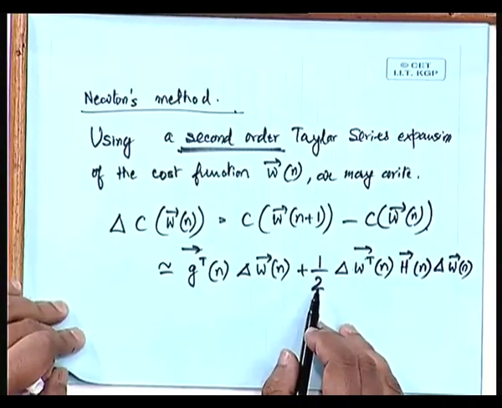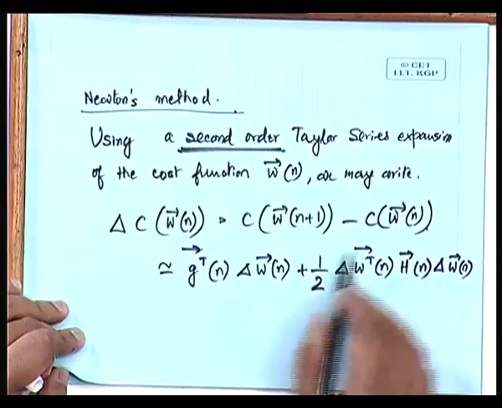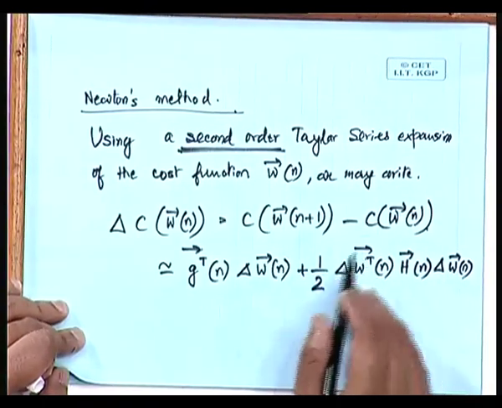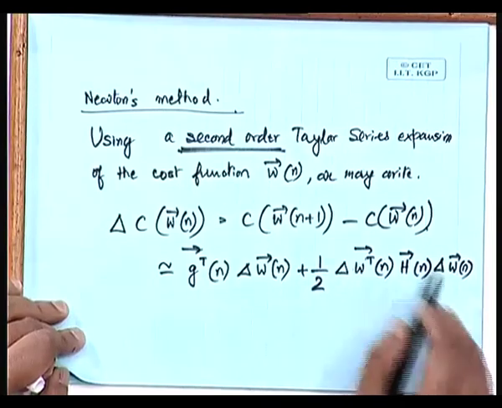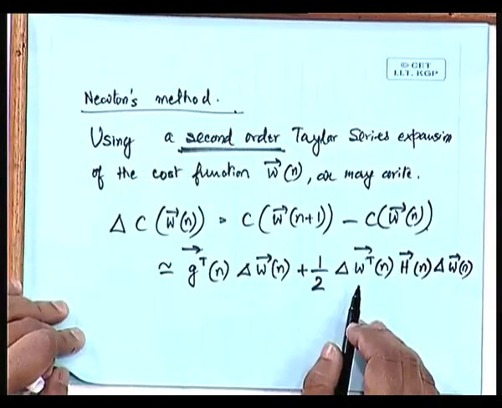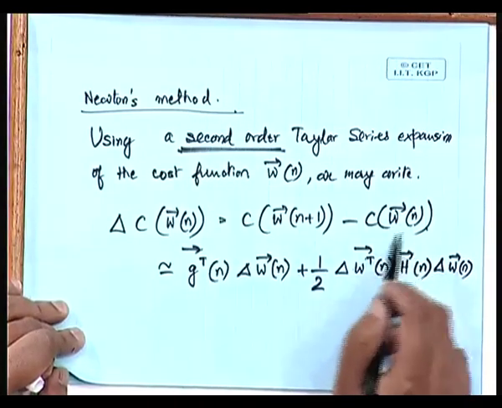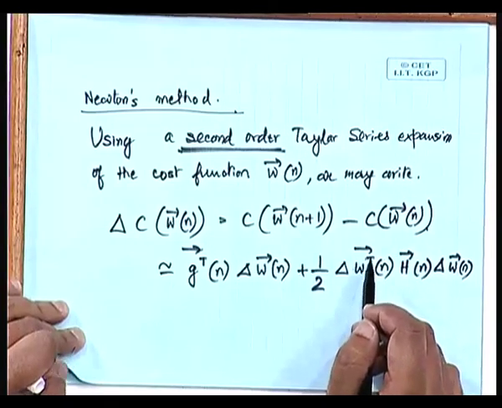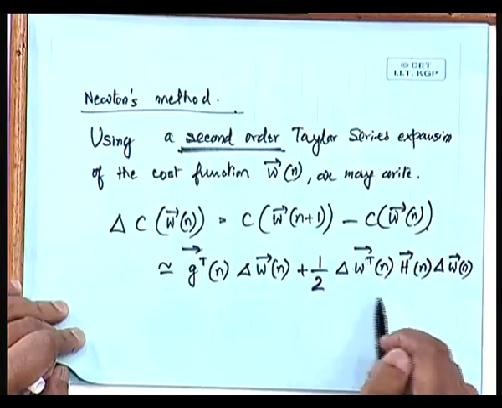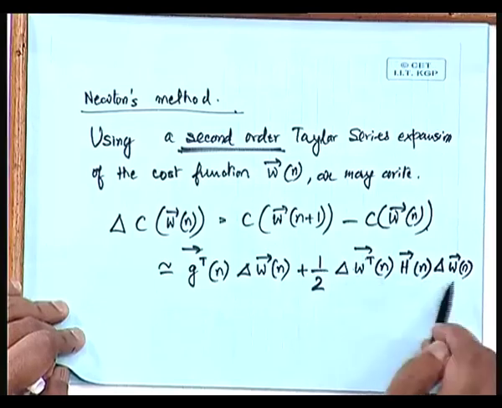I will write down the expression so that you can easily understand why this half has come about. This is a second order derivative that we are taking, and if we take a second order derivative of the quadratic cost function, it can be shown mathematically that ultimately it leads to this.